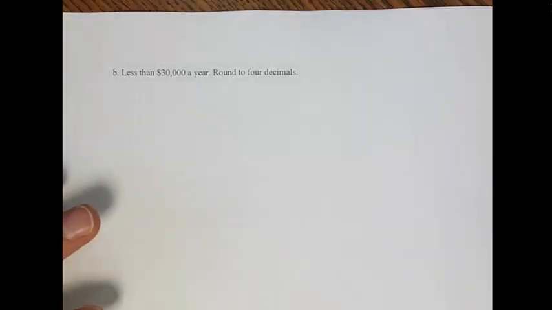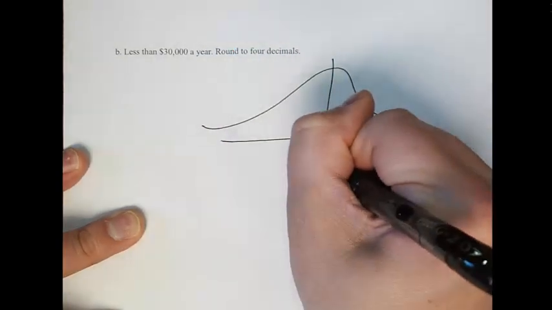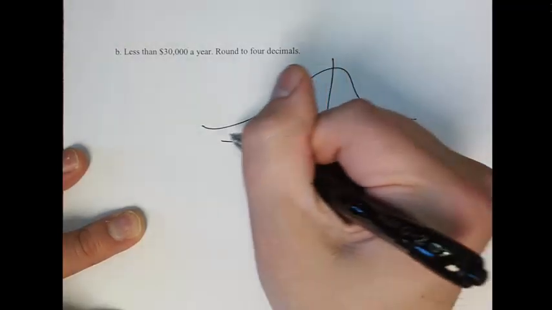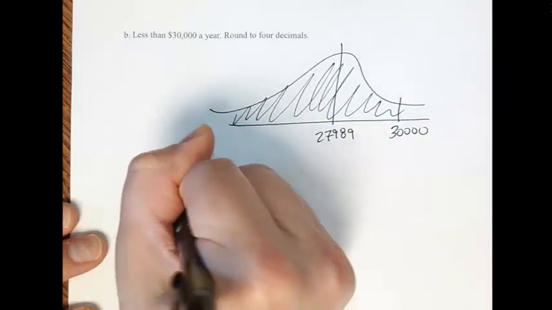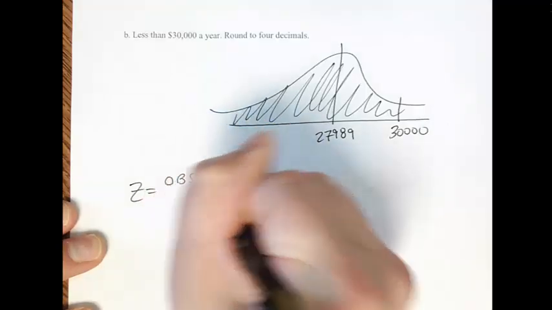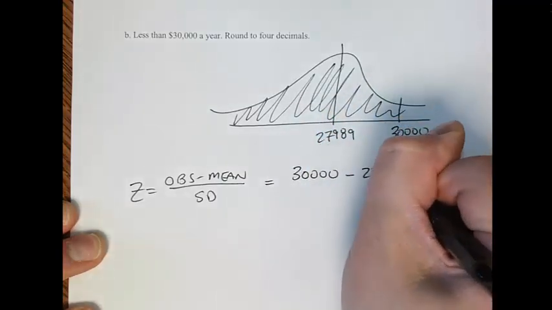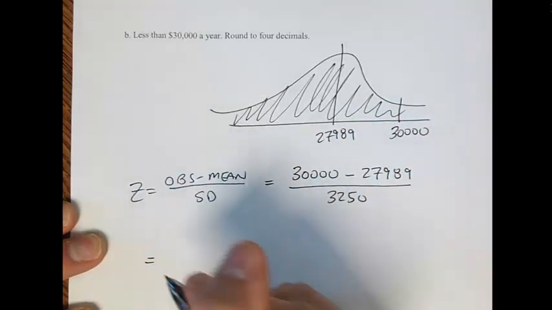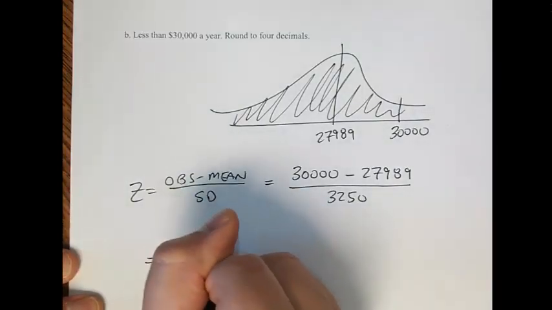So similarly, less than 30,000 a year. And then less than means shade to the left. Which calculates us a value of 0.62.